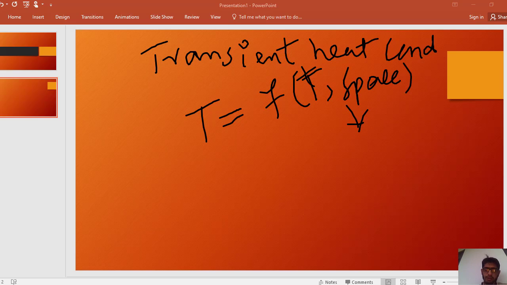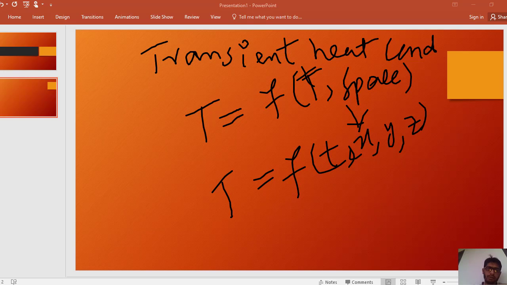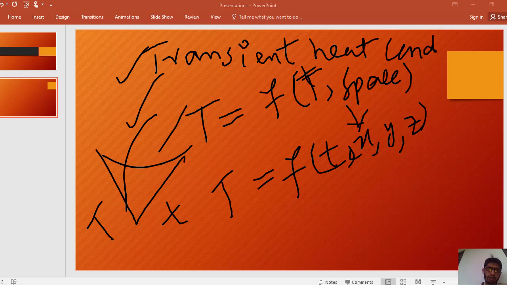Space can be the x direction, y direction, or z direction, and then time. So temperature is a function of time and space in transient heat conduction. In transient heat conduction, temperature can increase or decrease with the passage of time. So this is transient heat conduction.